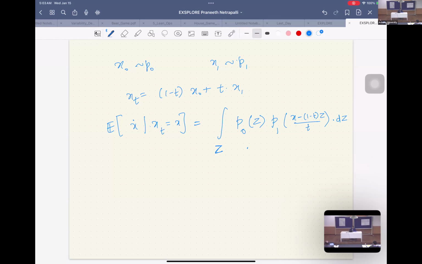So this is the probability that xt will be equal to x, right? And then the velocity of this one will be x minus 1 minus t z divided by t. This is x1 minus z. Does this make sense?